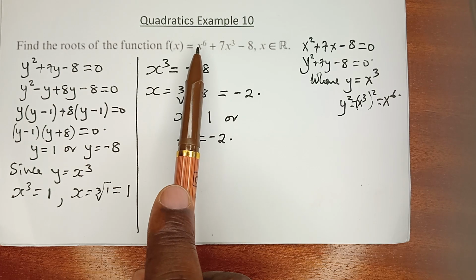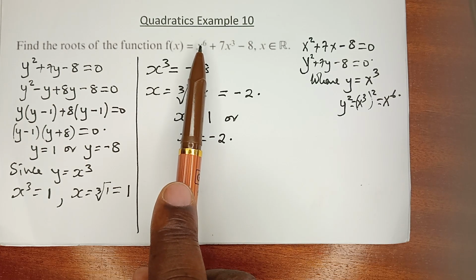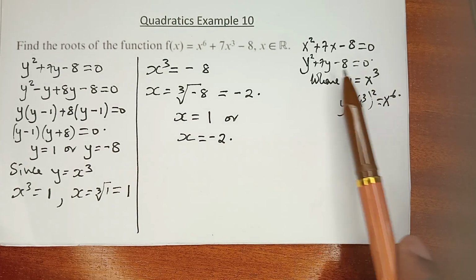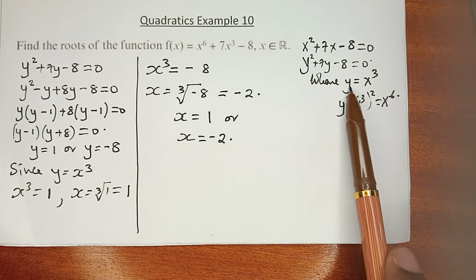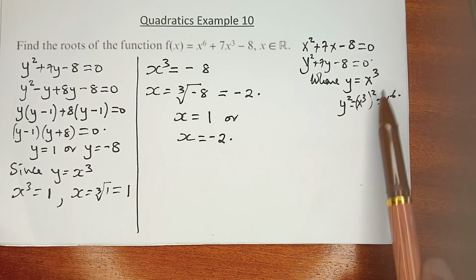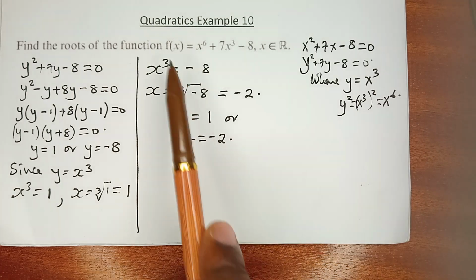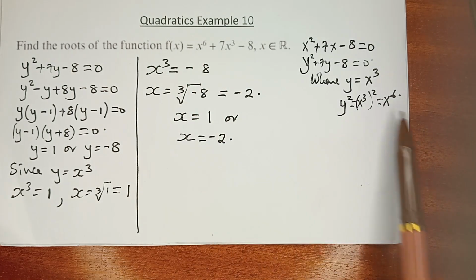So we had to make x raised to power 6 to look like x raised to power 2. Of course, we needed to realize that y itself can be x cubed, such that now x cubed, which is squared, can actually be finally x raised to power 6, and that is just what we have done.